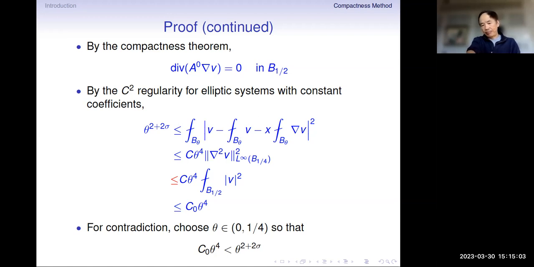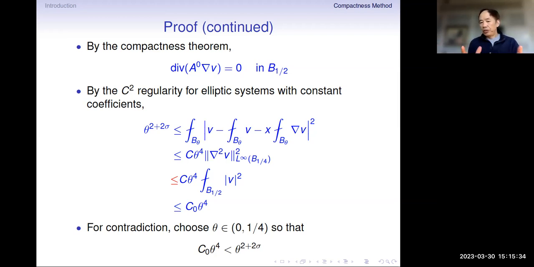That's obtained by taking the limit on both sides of that inequality. The second inequality is just some calculus, more or less the Taylor expansion. If you subtract the constant term and the linear term, you can control by the second derivative. The third inequality is the regularity for the elliptic equation with constant coefficients.